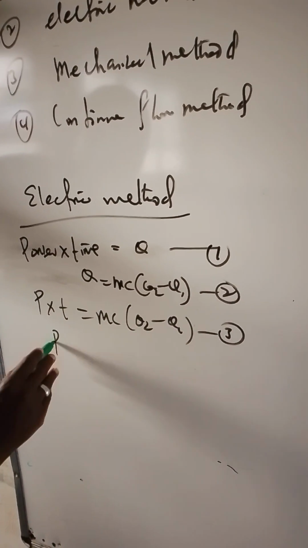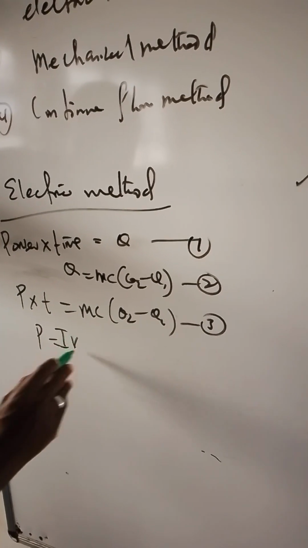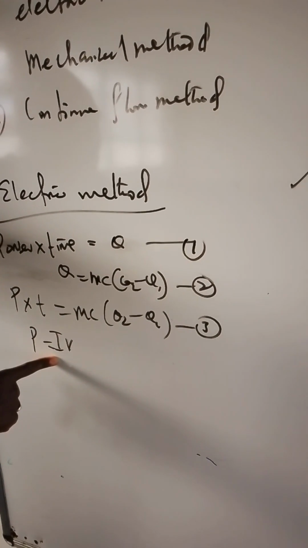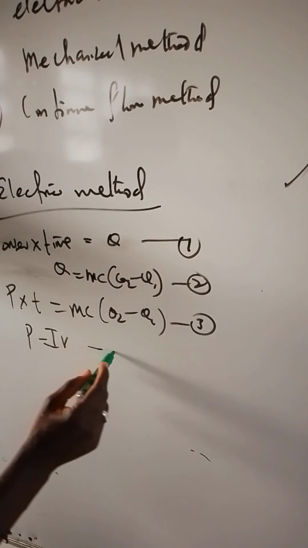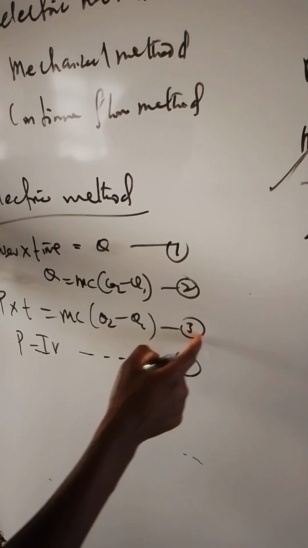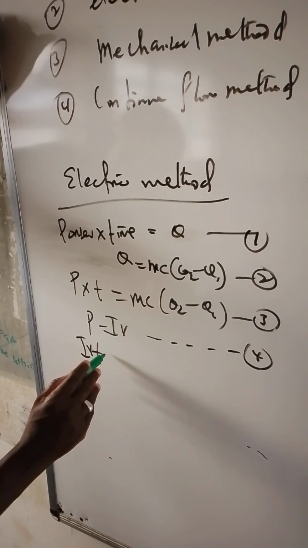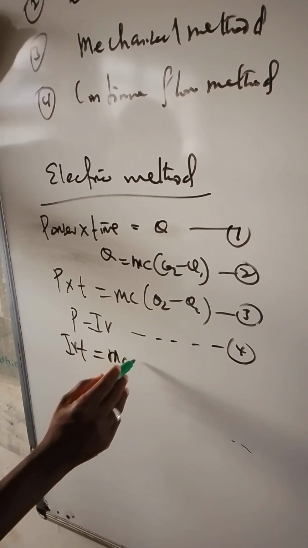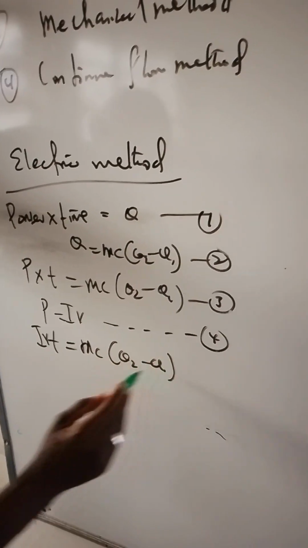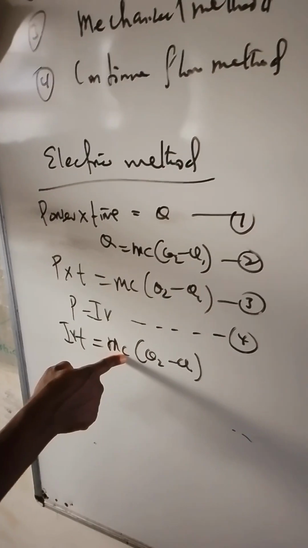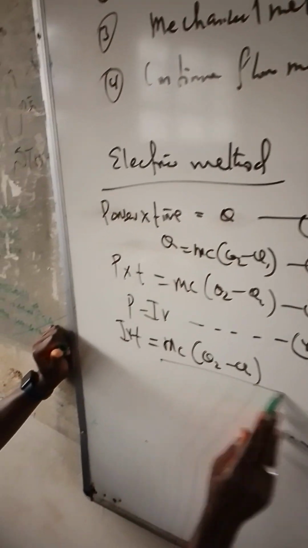What is power? Power is equal to IV, current times voltage. We call this equation 4. Substitute 4 in 3. We have IVT is equal to Mc (θ2 − θ1). If you are asked to make C the subject of the formula, what I'm going to do is very simple.